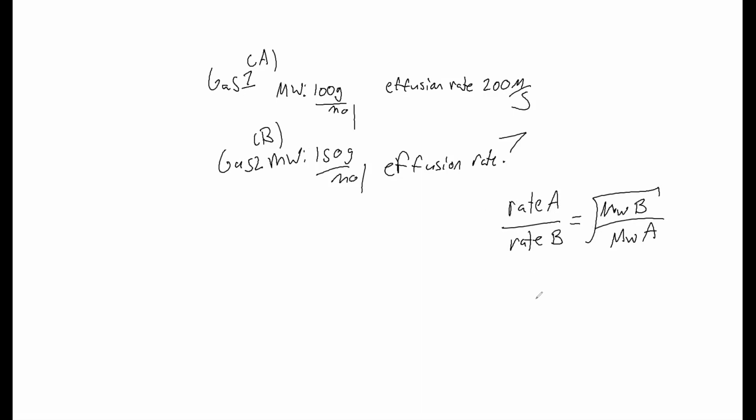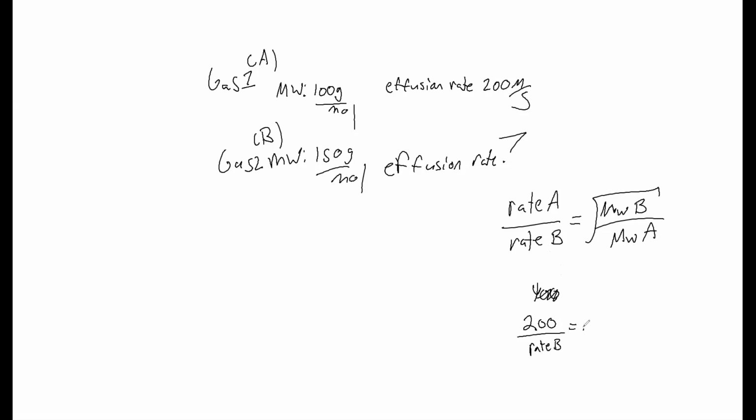The rate of gas A is 200. Sorry, I was looking at the wrong thing. That's my effusion rate, divided by the rate of B, which I don't know. That's what I'm trying to figure out.